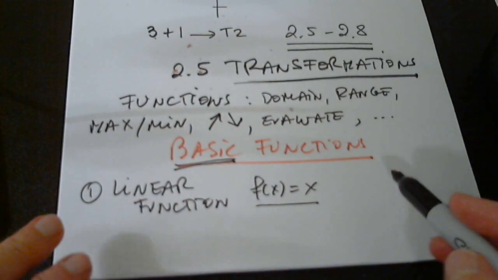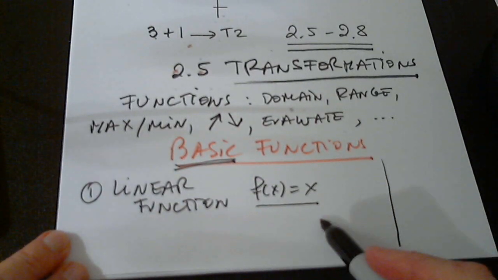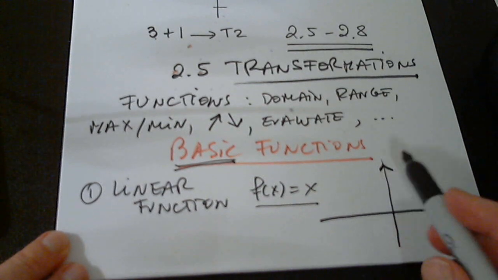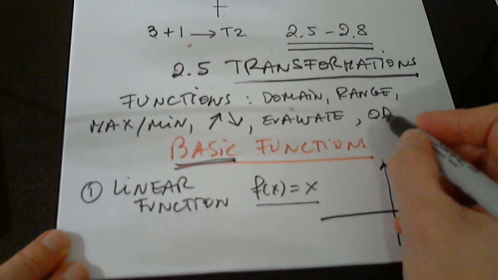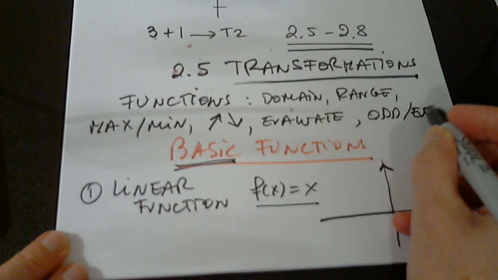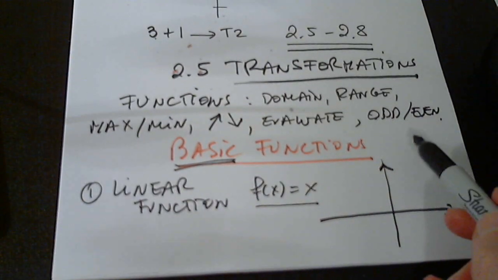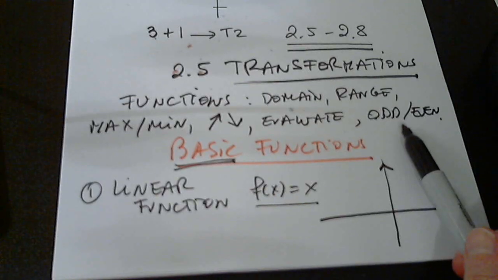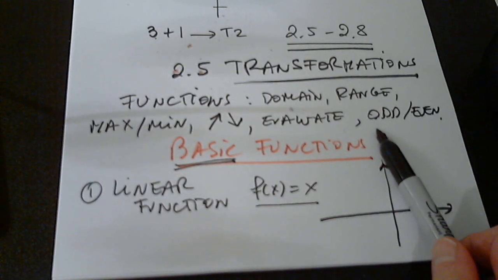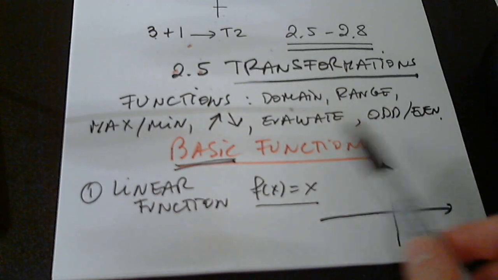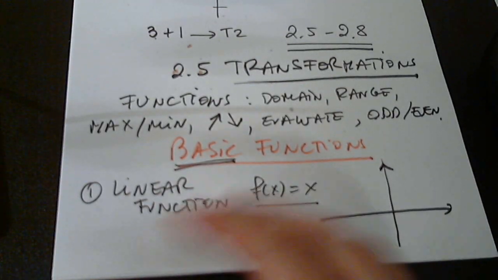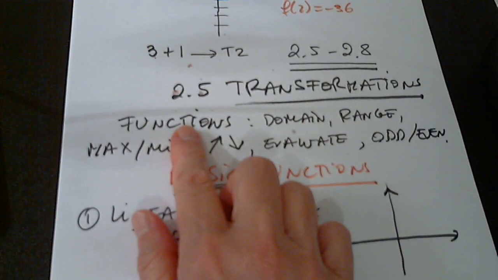And moving forward, we need to remember its graph. So I did add a dot here, but remember odd and even. That's another very important property. Can I live well without knowing which function is odd and even? Yes, we can live very well without knowing which function is odd or even. But it's a property of the function.